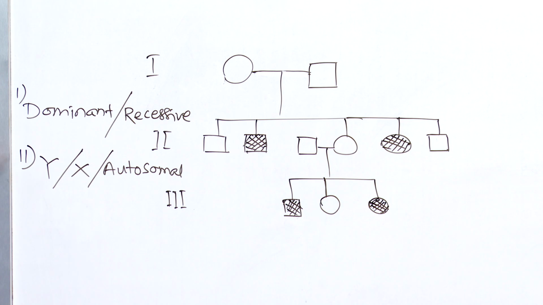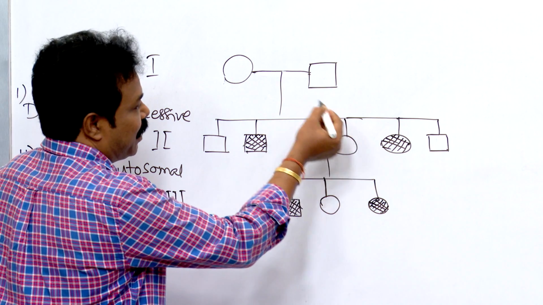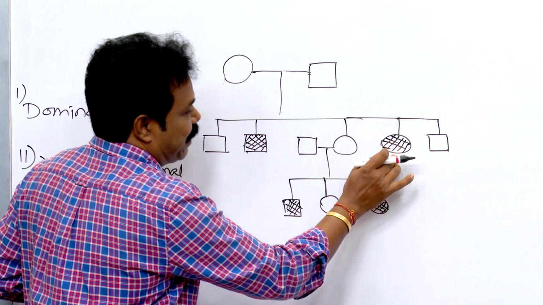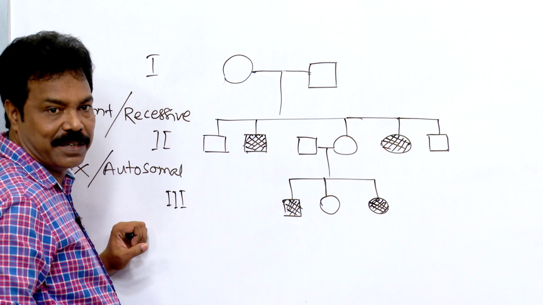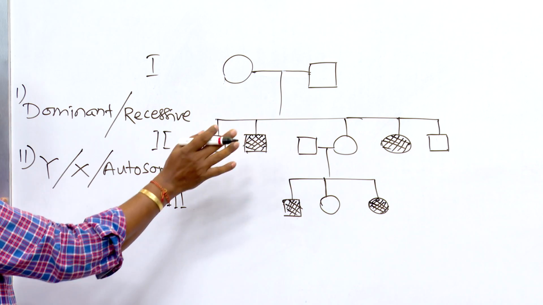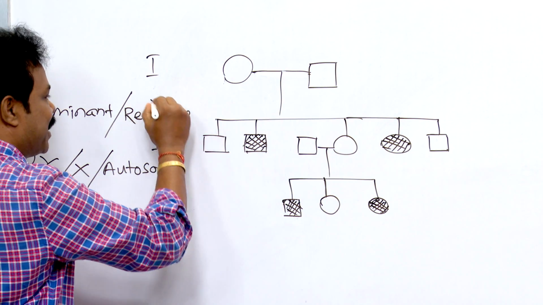You can say it is not dominant because in this case it is present in the offspring but not found in parents. When the trait is present in the offspring but not in the parents, it is not dominant. You have to consider it as recessive.